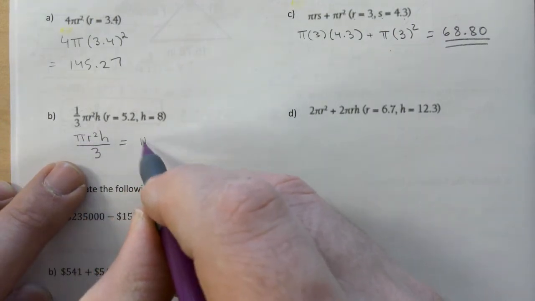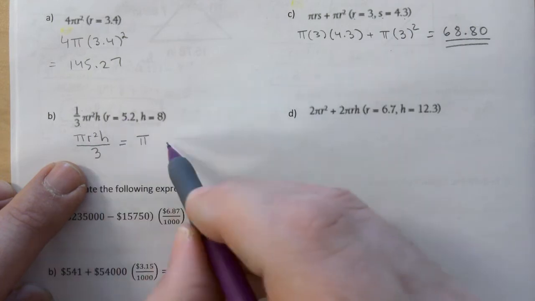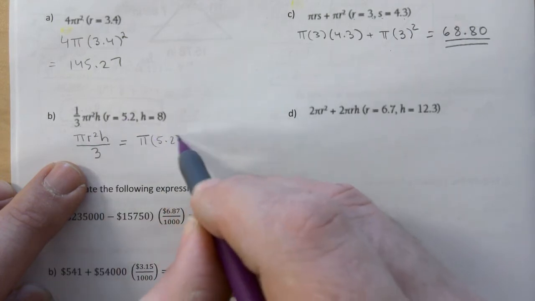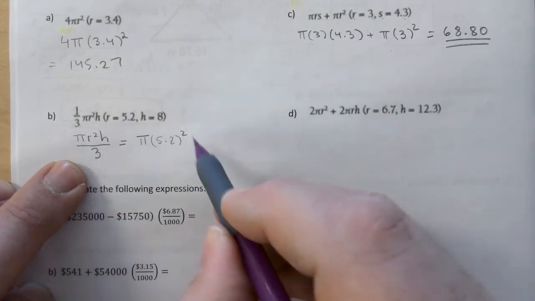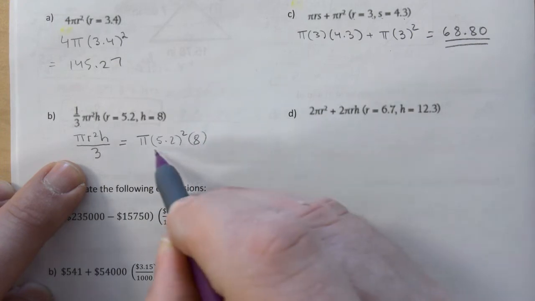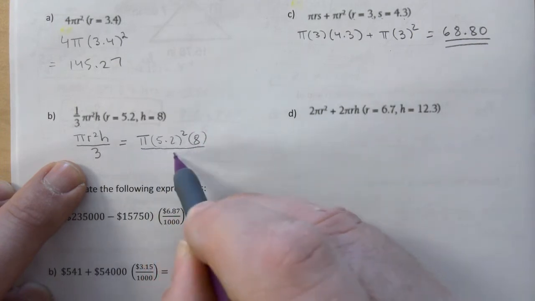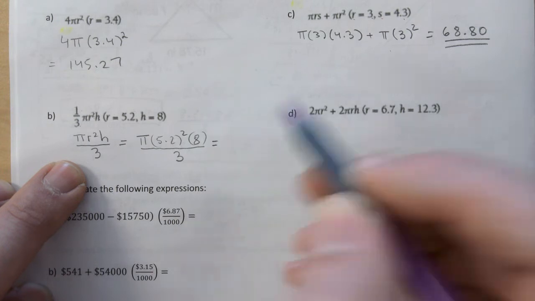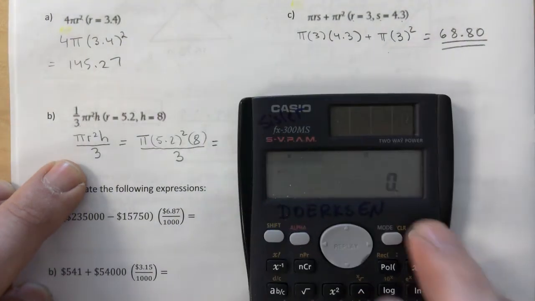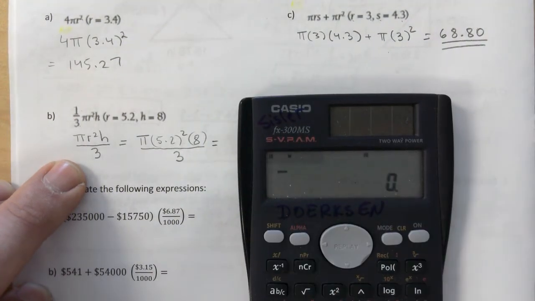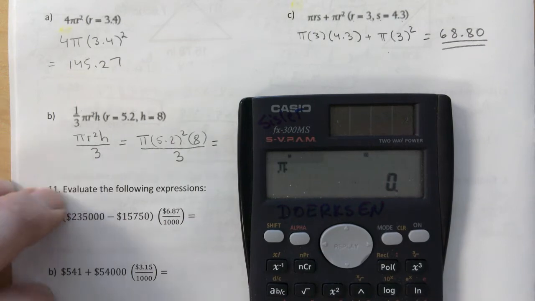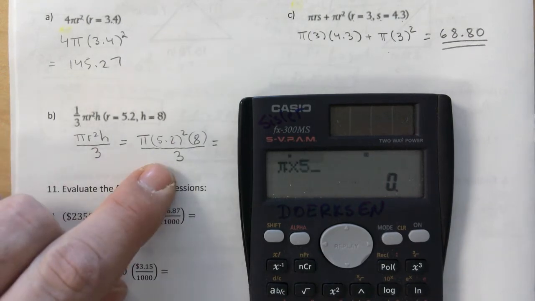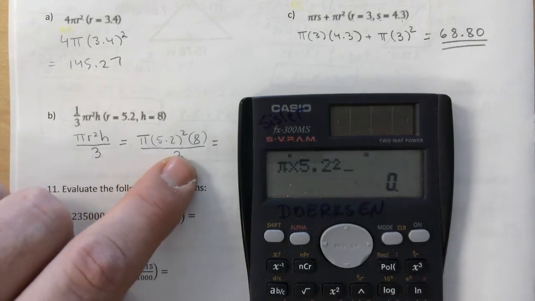And then we plug in values. R is 5.2, square it, H is 8, and then we're going to divide all of that by 3. Okay, so try this using your calculator. I need to press shift. Some of you have a pi button. So you square 5.2 and you multiply that by 8.